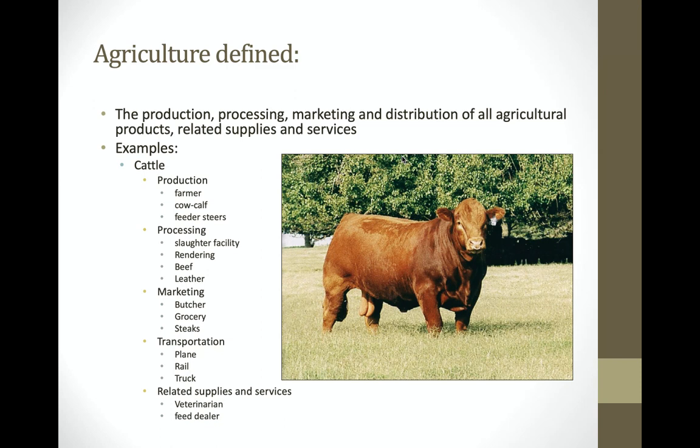As far as defining the word agriculture, we're going to have several slides that look at defining the word agriculture. Basically, what this slide is talking about is just an example of agriculture whenever we're looking specifically at cattle and everything that has to do with the raising, slaughter, marketing, sale, and feeding of cattle.